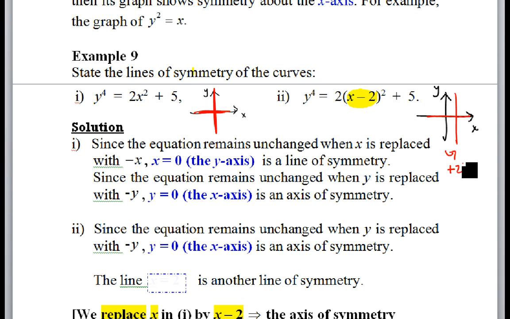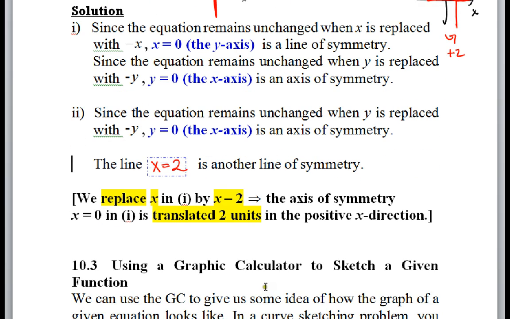So while the y-axis was the line of symmetry, this line of symmetry is now not the y-axis, but actually the line x equals 2. Very good. This one I just said.